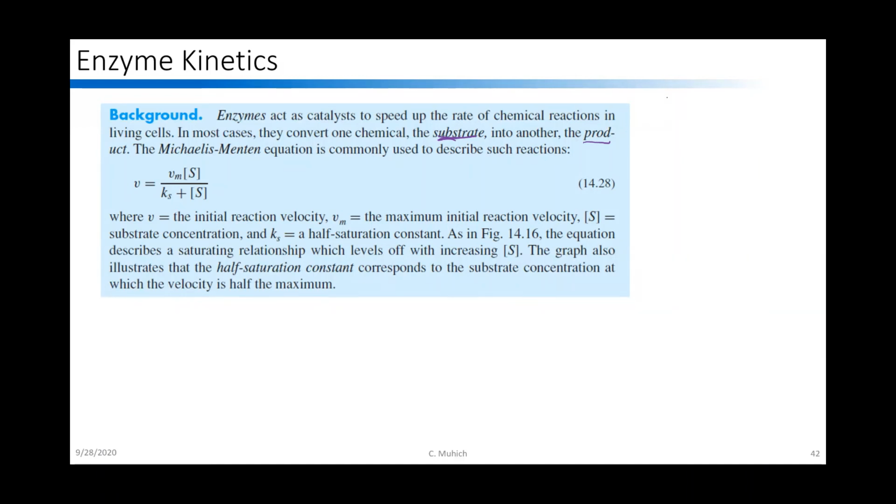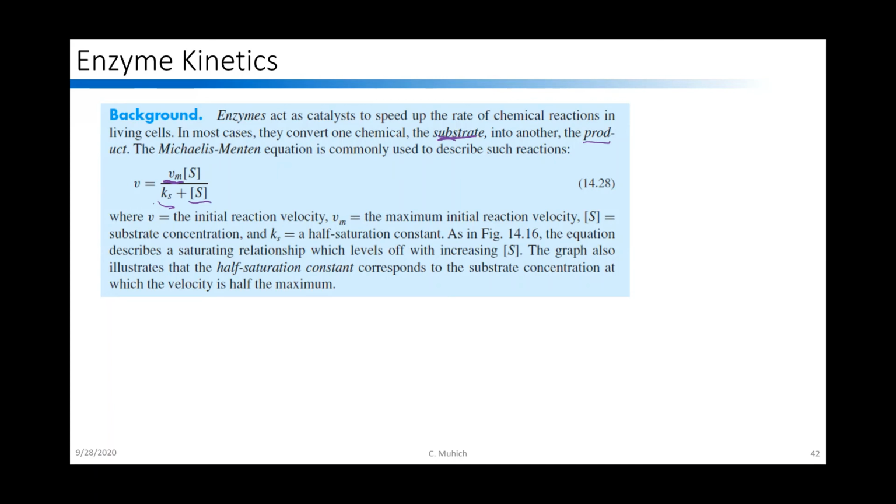where V is going to be my initial reaction velocity, so how fast the reaction is going, and that's related to the maximum rate of the reaction, the concentration of the substrate or the reactant, and then this Ks term, which is called the half saturation constant.